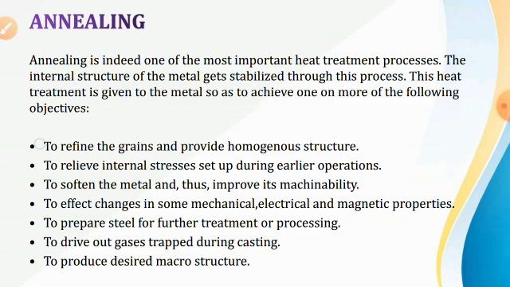This heat treatment is given to the metal to achieve one or more of the following objectives. The first one is to refine the grains and provide a homogeneous structure. Take an example from production, like forging. Forging is carried out to give a proper size to the material, and for that we require hammering on the object.